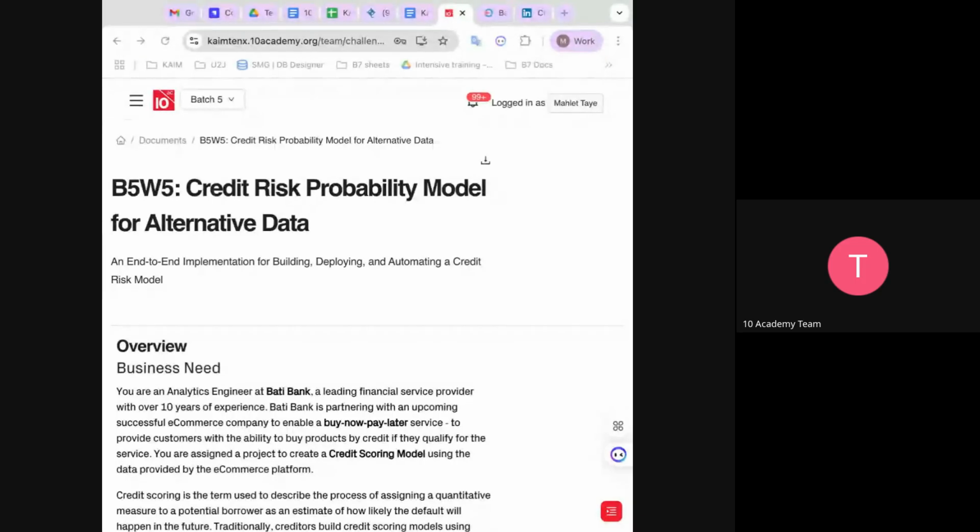Usually, they are rated from 300 to 850, showing who is the riskiest person and who is the safest person. The lower the number gets, the less likely you are to repay your loans, and the higher the number, the more likely you are to repay your loan. So this is the basic concept in this specific challenge. Banks will use this score either to approve or to decline your credit application.